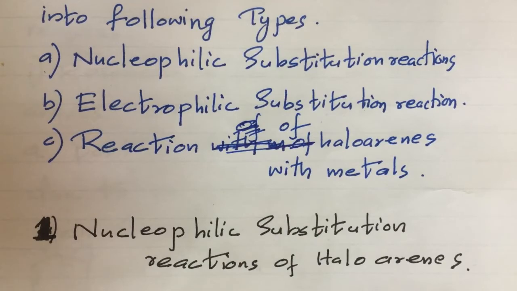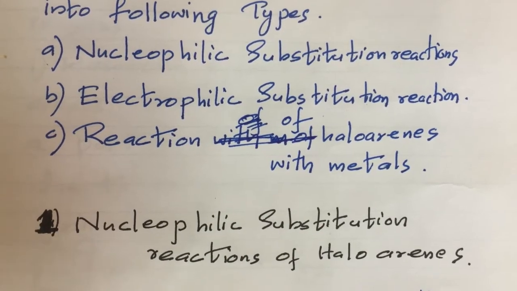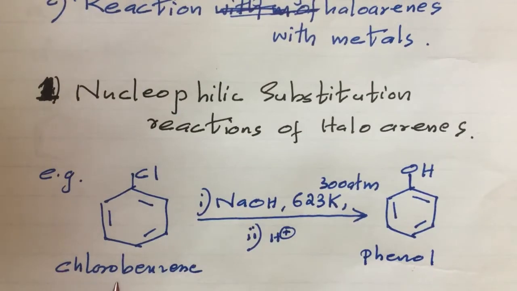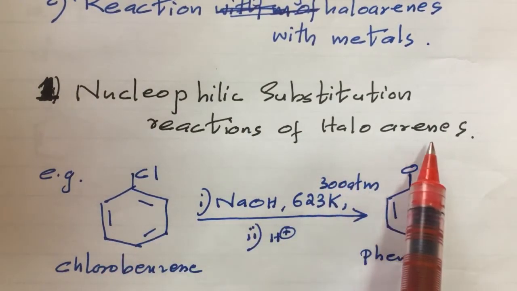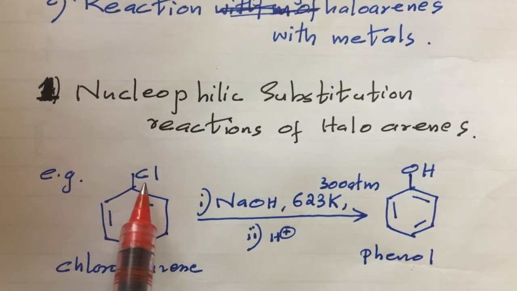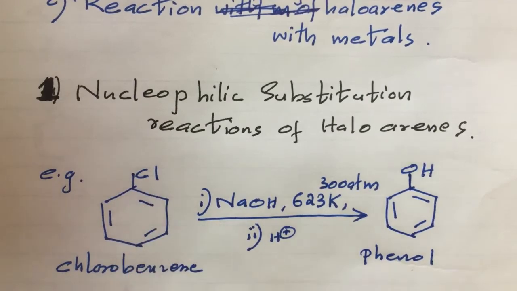Let's see one example. Chlorobenzene is an example of haloarenes. Chlorobenzene contains the halogen chlorine and an aromatic ring, so it is a haloarene.